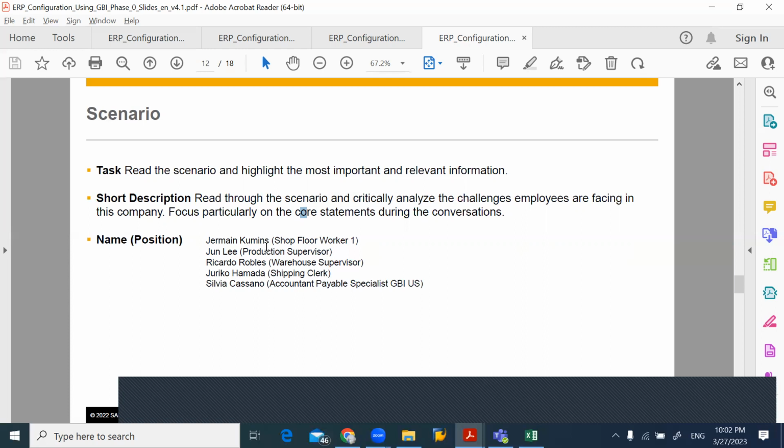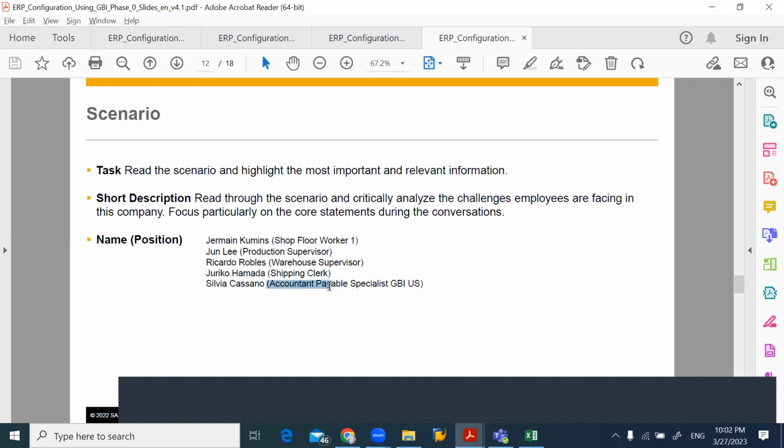They are different people in different departments. The production planning person is in manufacturing. The production supervisor works in the factory and is in charge of making the production. The warehouse supervisor has all the raw material. Then there is the shipping clerk, and the accounts payable specialist as well.